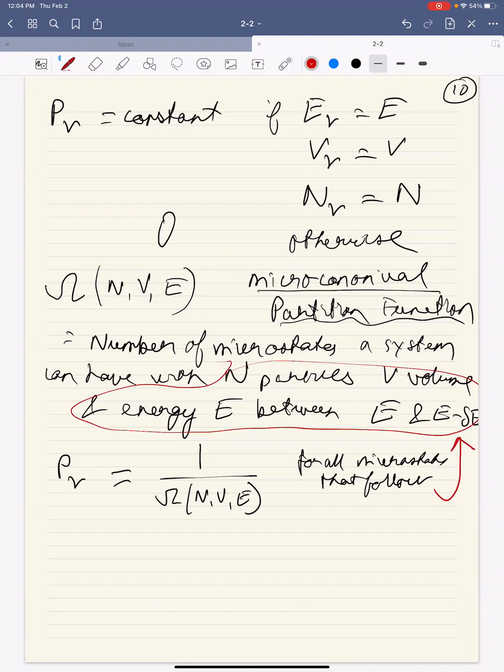All microstates where the number of particles is N, volume is V, and energy is between E and E minus delta E, the probability is going to be P nu equal to 1 over omega, right? Because all of them are equally likely, and if there are omega of them, then the probability is 1 over omega. And it's going to be 0 for all other microstates. I'm going to say just one more thing and then stop. And next time I will start from this point over here.